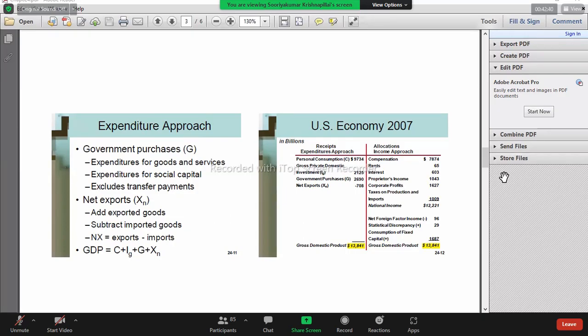So that is, we should deduct from the national income to calculate the GDP of America. So they subtract net foreign factor income. If foreigners, such as Europeans, invest in America, that income should be counted in the GDP.